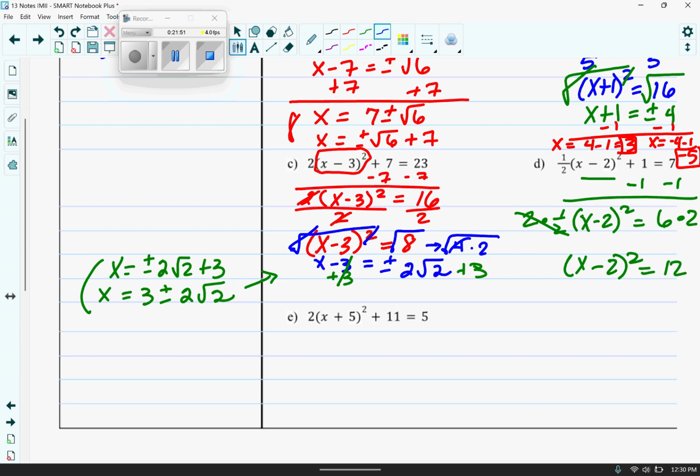Go ahead and square root both sides. So x minus 2 is equal to plus or minus the square root of 12, which would be 4 times 3. So it's going to be plus or minus 2 radical 3.